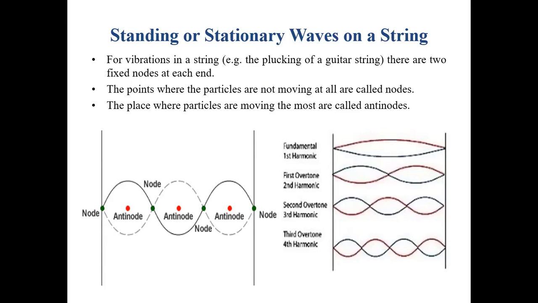So what is meant by a node? A node is the point where the particles are not moving at all. Here, this is the node point, where the particles are not moving. But we have another definition called an antinode. The points where the particles move continuously are termed antinodes. So depending upon the number of strings, we will have nodes as well as antinodes.